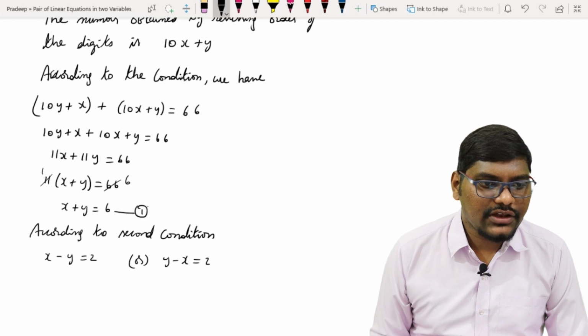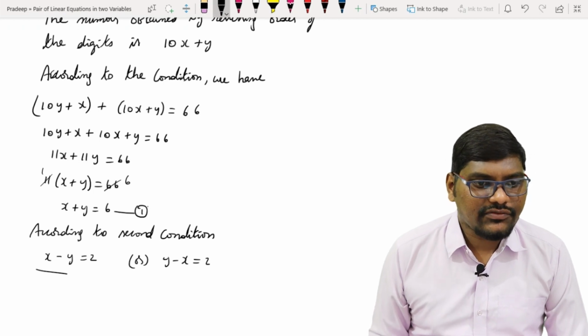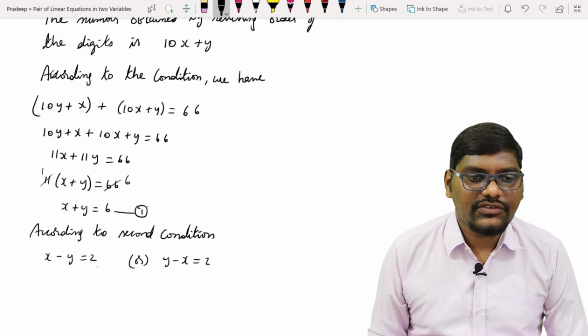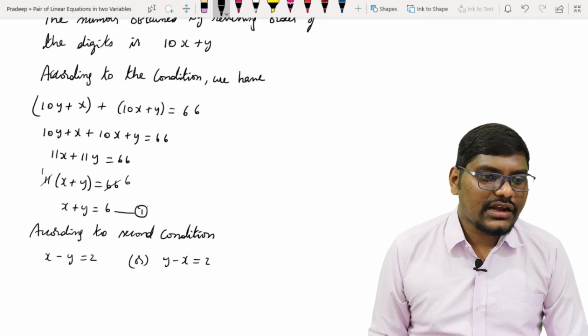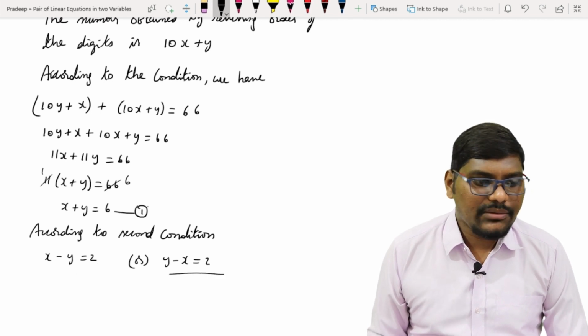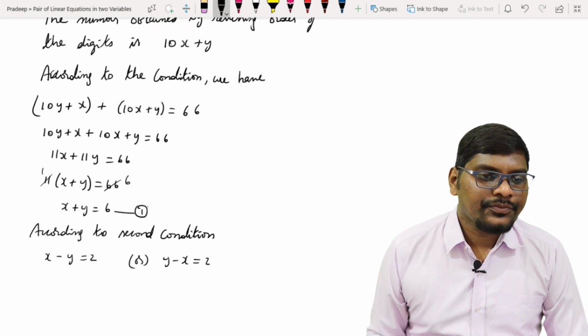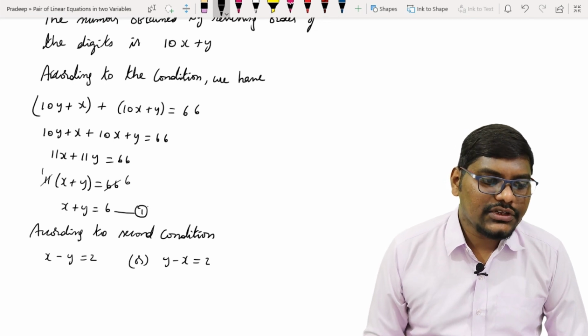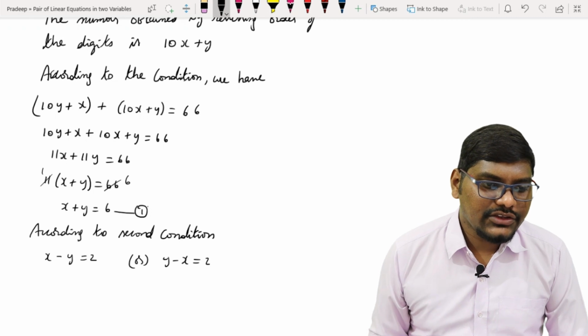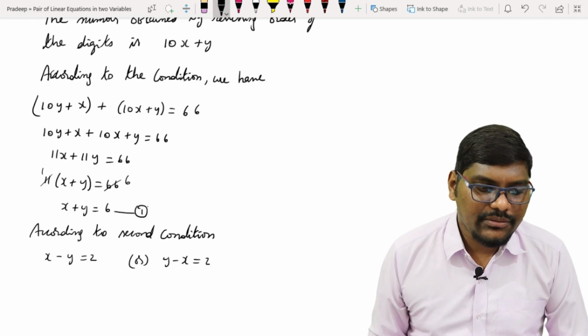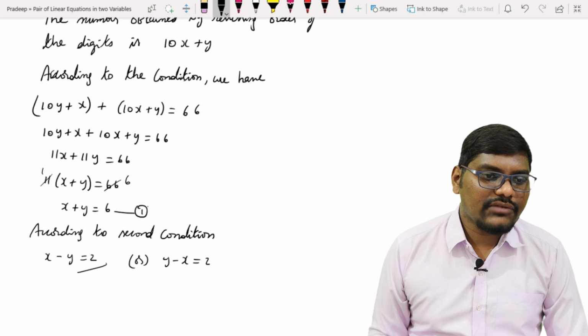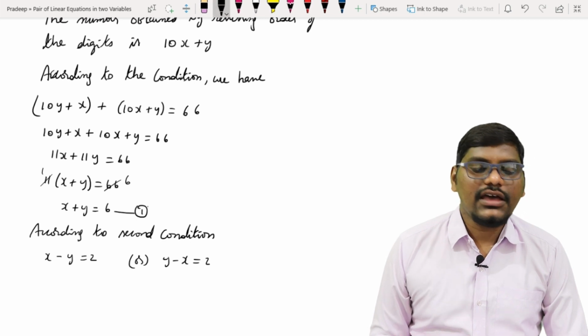So either the difference x minus y or y minus x gives the value 2. So we are writing x minus y equal to 2 or y minus x equal to 2. Each one of them we will solve separately, so that we will get the answer.